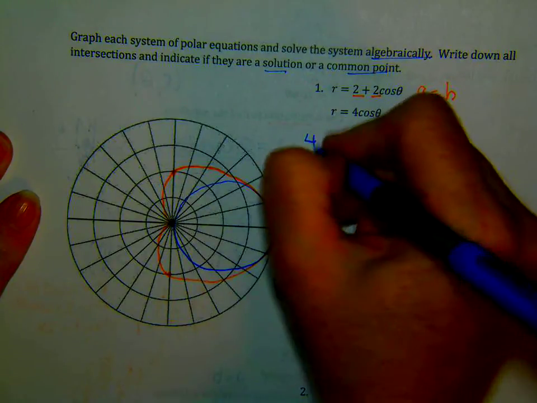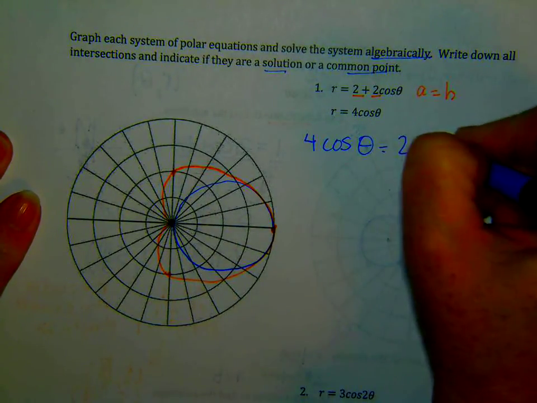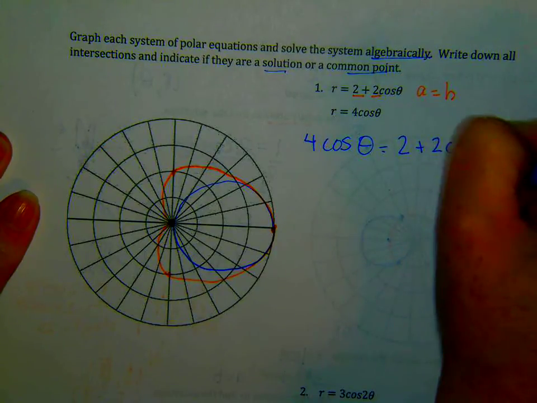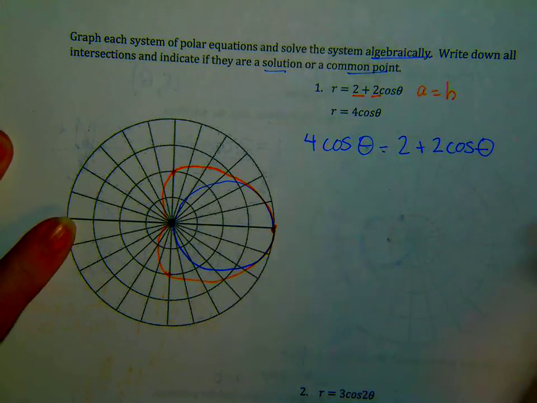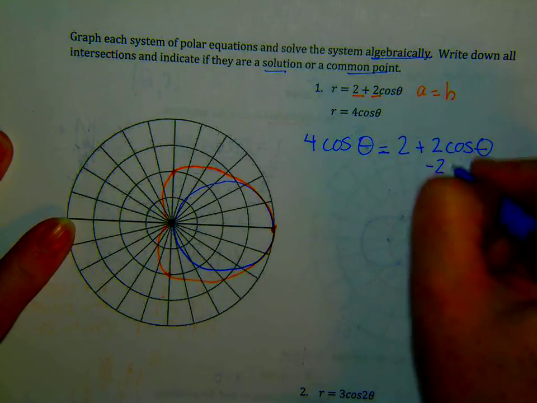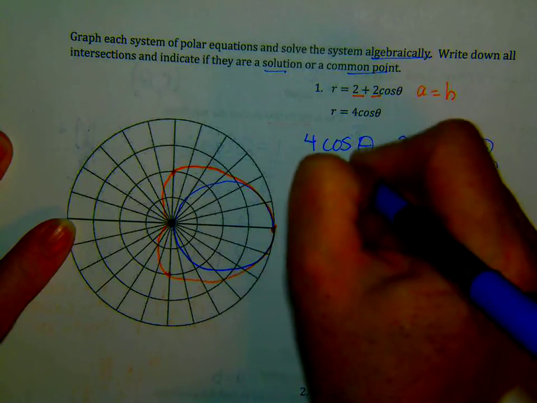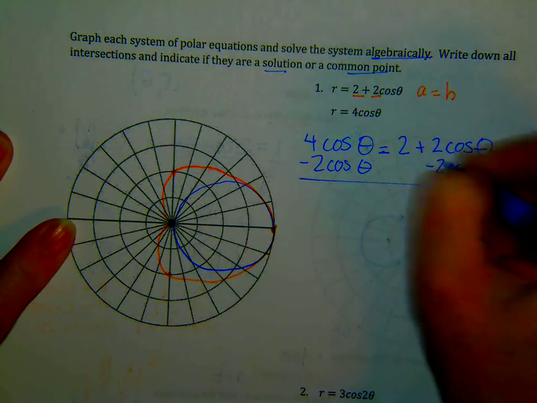So we're going to say 4 cosine theta equals 2 plus 2 cosine theta. What are we going to do? We're going to start combining, so let's subtract 2 cosine theta to get these together. These cancel.